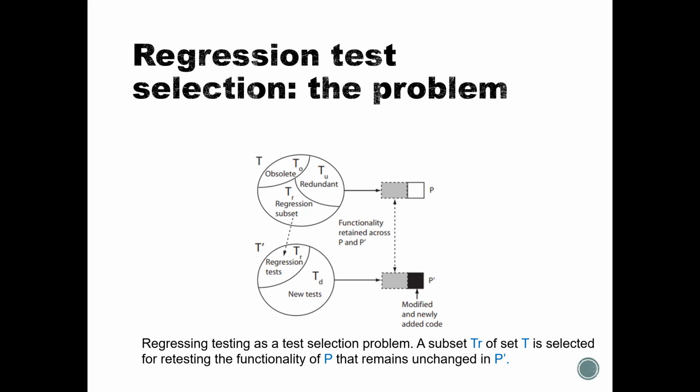Initially P was executed against the entire test T. However, P dash is executed only against the regression test TR, and of course against the newly developed test TD. So the tests in T that cause P to terminate or to enter into a finite loop might be included in T naught or in TR, depending on the purpose.